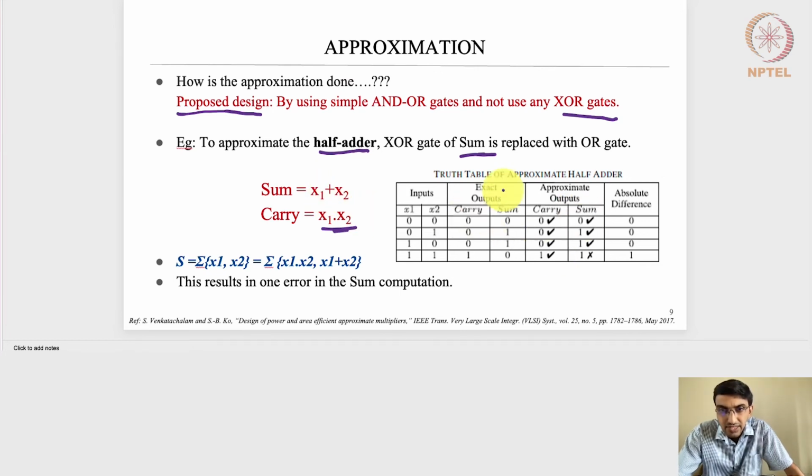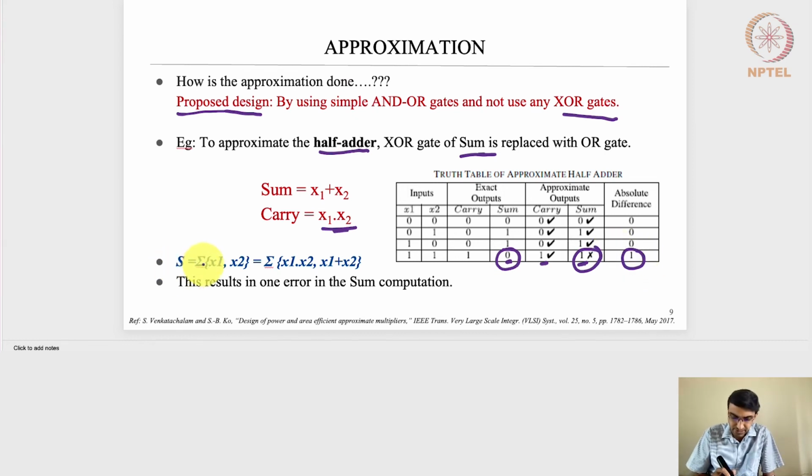It turns out that in the truth table only one error appears. The carry is 1, sum is 0 for inputs 1 and 1. Here in the approximate output, I'll get a 1 here and then 1 here, right? So I will have a problem only in this particular case. It is supposed to be 0, but we are getting a value of 1. So the error is only in one case out of the 4.